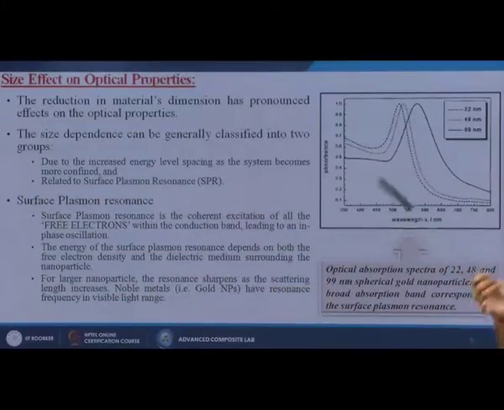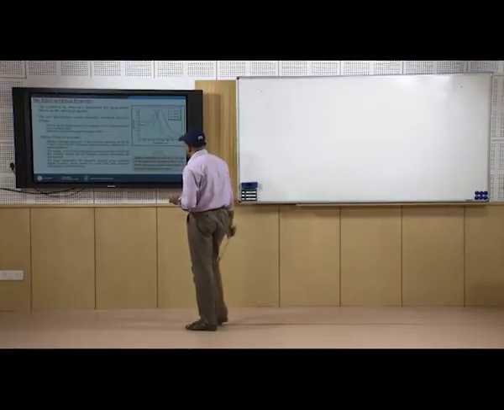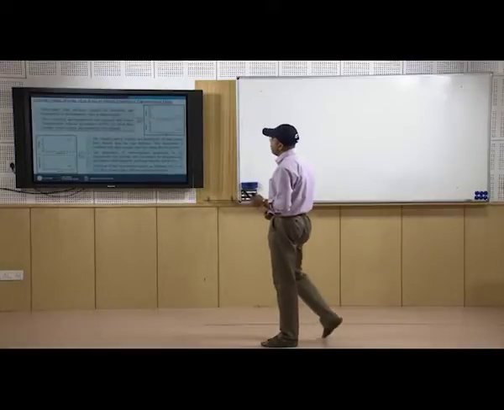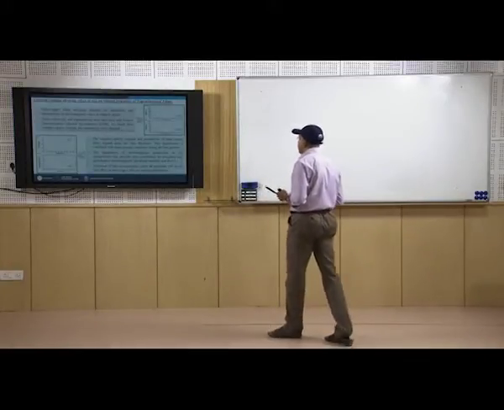That means the wavelength of that particular material is increasing. So, these are the optical absorption spectra of 22, 48 and 99 nanometer spherical gold nanoparticles; the broad absorption band corresponds to the surface plasmon resonance. A typical example showing the effect of size on optical properties of nanostructured films.